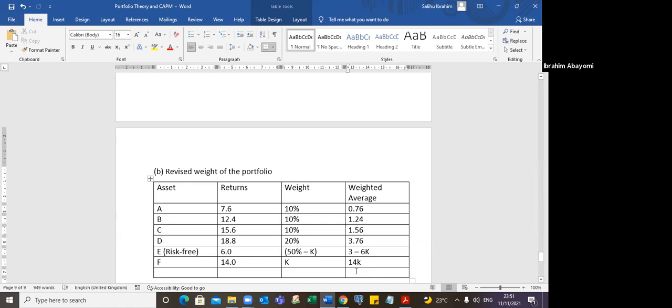Now, what is the total weighted average? It will be the sum of everything together. Those that have numbers, we add them: 0.76 plus 1.24 plus 1.56 plus 3.76.